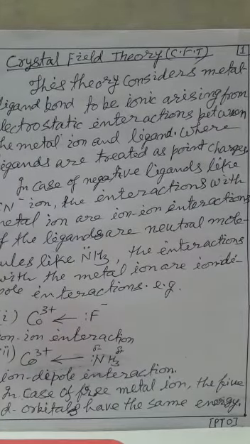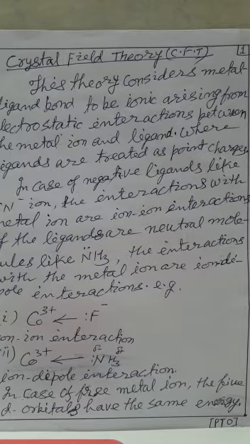Crystal field theory, CFT. This theory considers the metal-ligand bond to be ionic, arising from electrostatic interactions between the metal ion and ligand, where ligands are treated as point charges. In case of negative ligands like CN- ion, the interactions with the metal ion are ion-ion interactions.